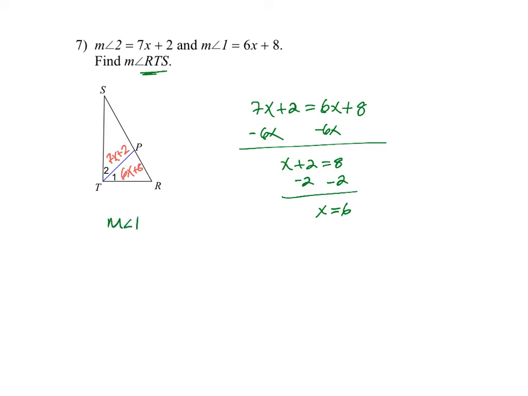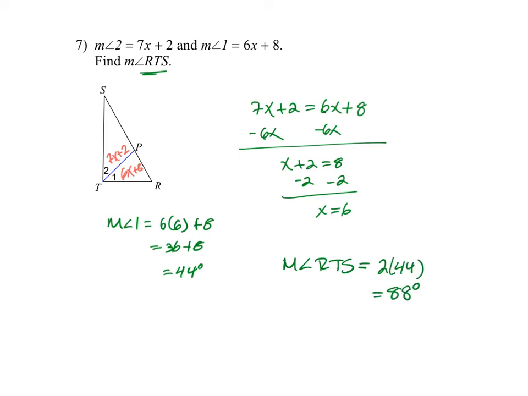The measure of angle 1 equals 6 times 6 plus 8, so 36 plus 8 is 44 degrees. Again, 7 times 6 is 42 plus 2 is 44 degrees. So the measure of angle RTS equals 2 times 44, so it's 88 degrees.